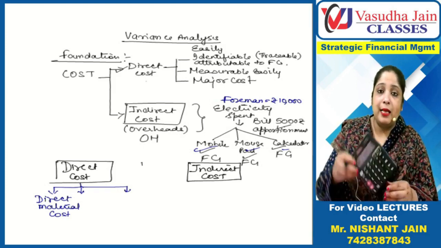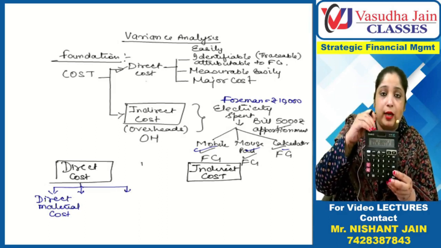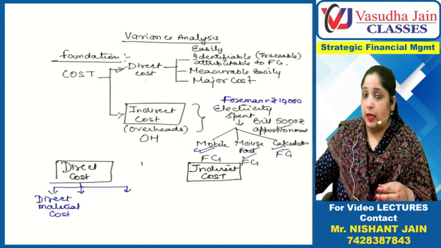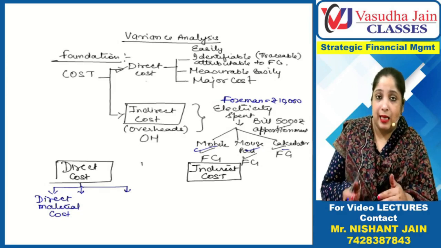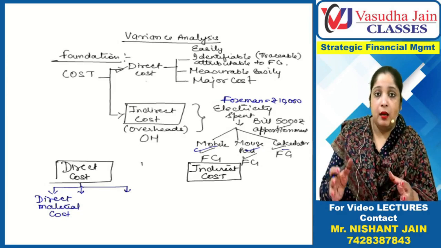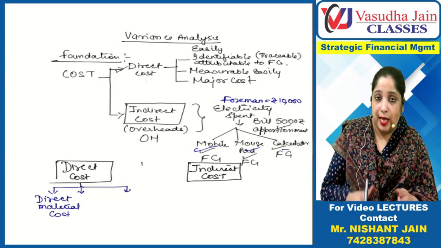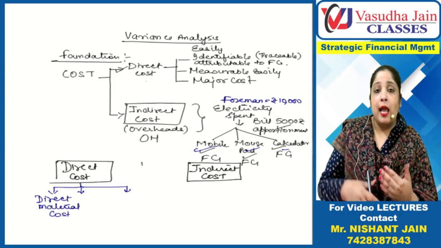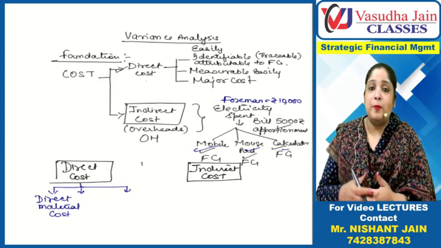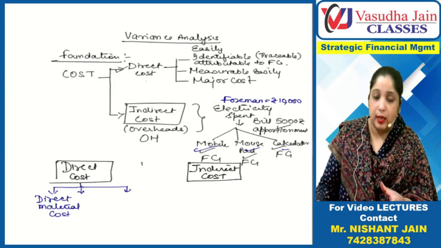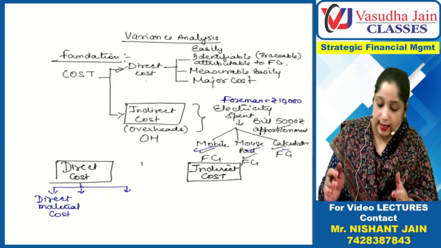But whatever labor is required in manufacturing this calculator can be easily attributable. So some labor costs can be easily divided, and some labor costs cannot be easily apportioned. Those will be categorized under overheads.